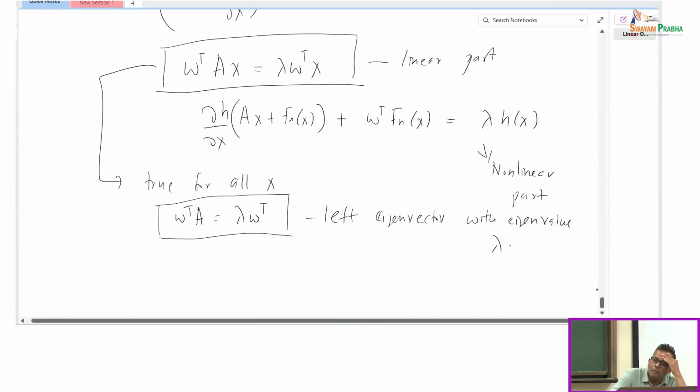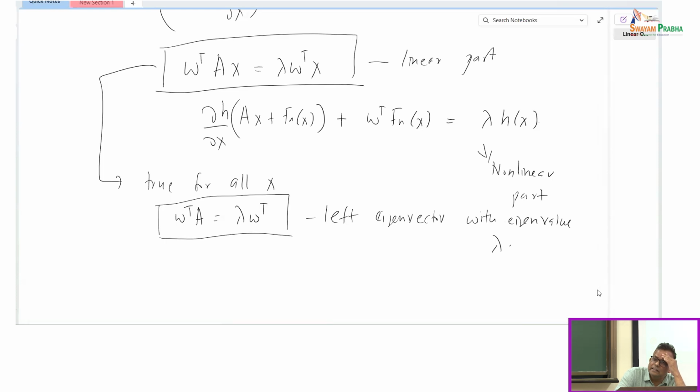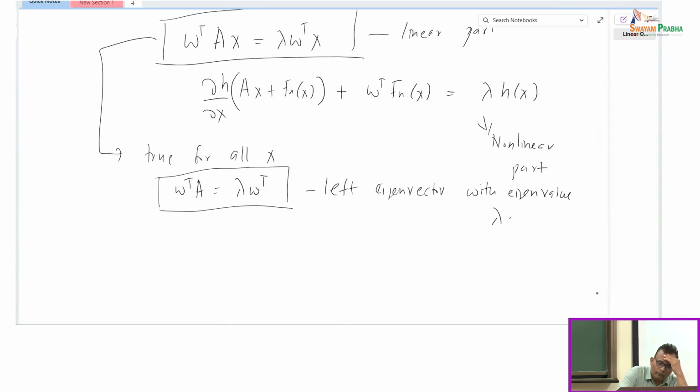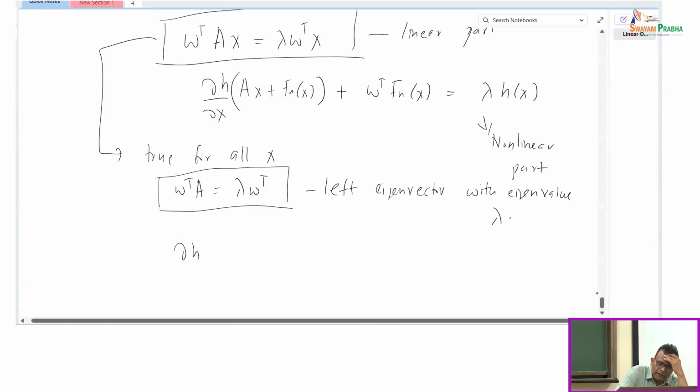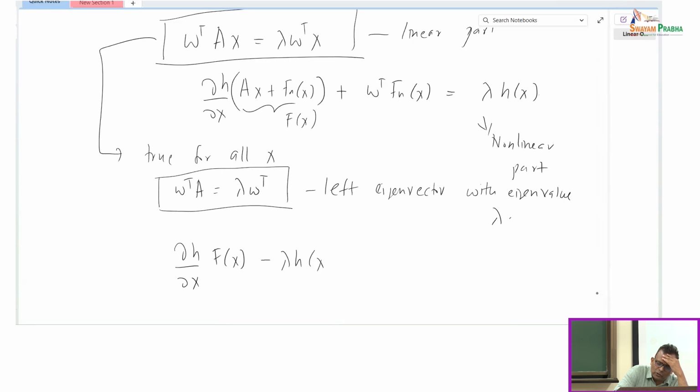Now for the nonlinear part, you get this linear PDE, which is partial h, partial x times f of x, minus lambda h of x plus W transpose Fn of x equals 0.